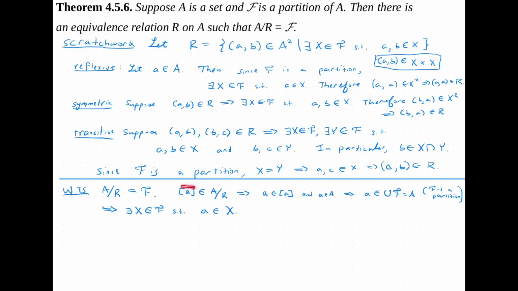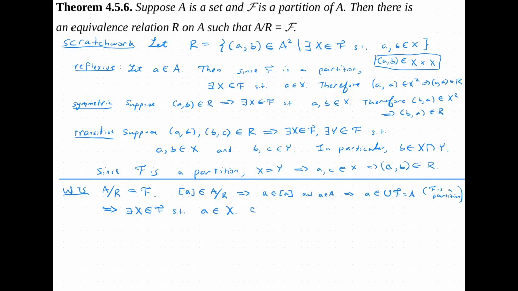So we chose this equivalence class [a] in A mod R, and we want to show that this subset is inside the family of sets. And the way we are going to argue that is by showing that this equivalence class of a is in fact this set capital X.